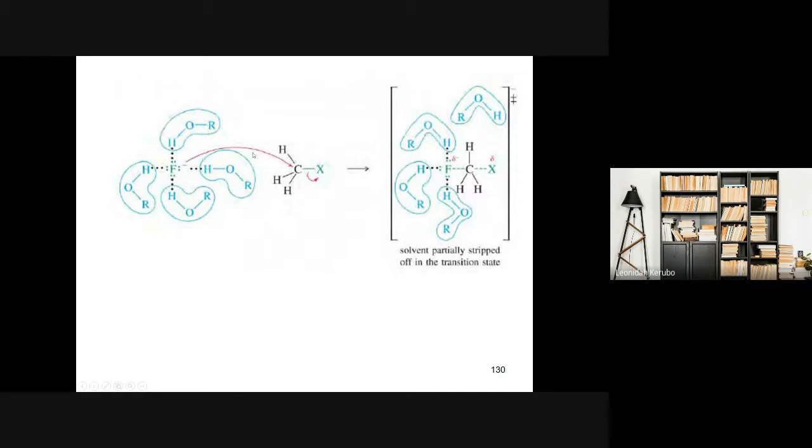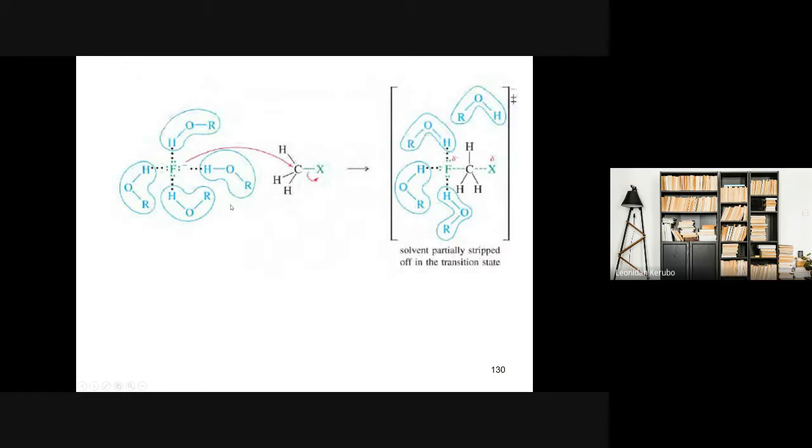These solvent molecules have to be stripped off by breaking these hydrogen bonds, and that will require higher energy. And because of that, we find that the fluoride ion, as much as it's negatively charged, becomes a poor nucleophile because it's solvated by these protic solvents.